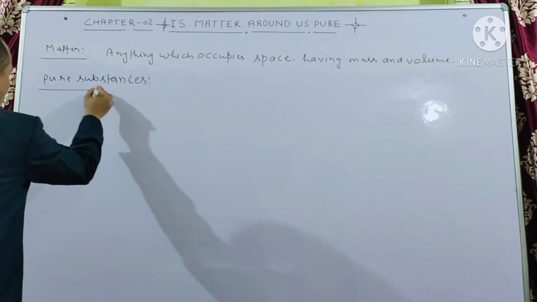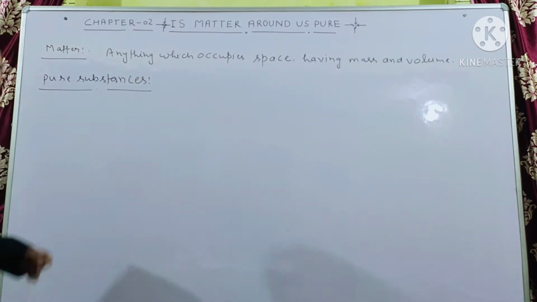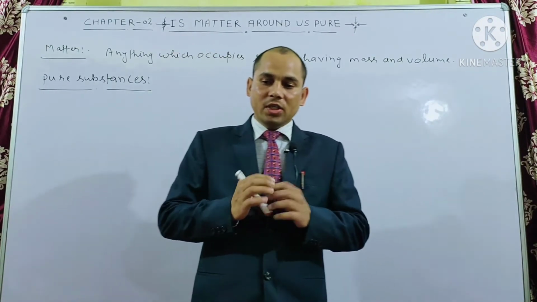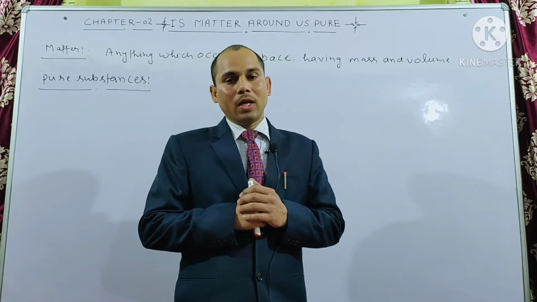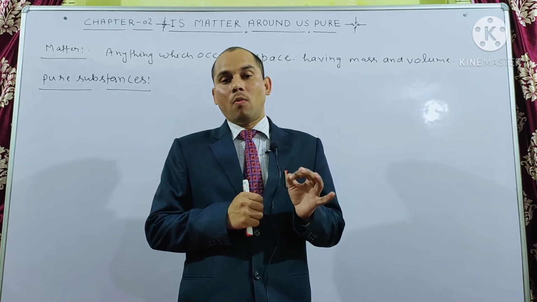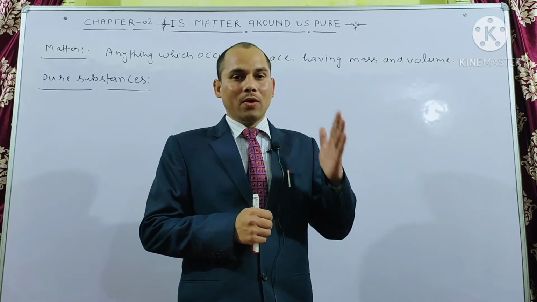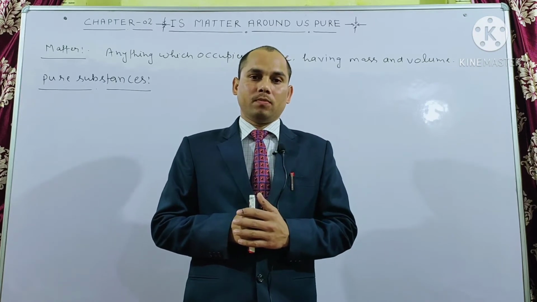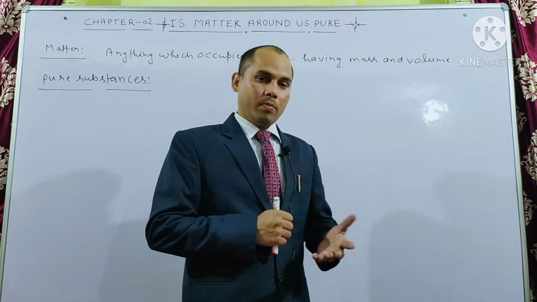So what are pure substances? A substance which is made up of only one kind of particles, only one kind of molecules, only one kind of atoms is called a pure substance.